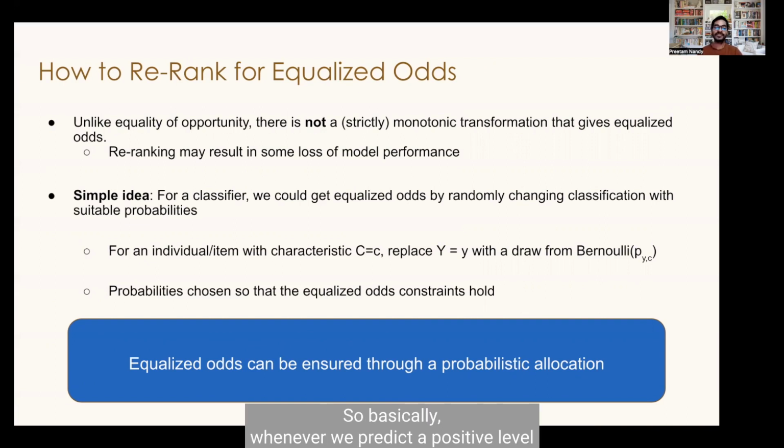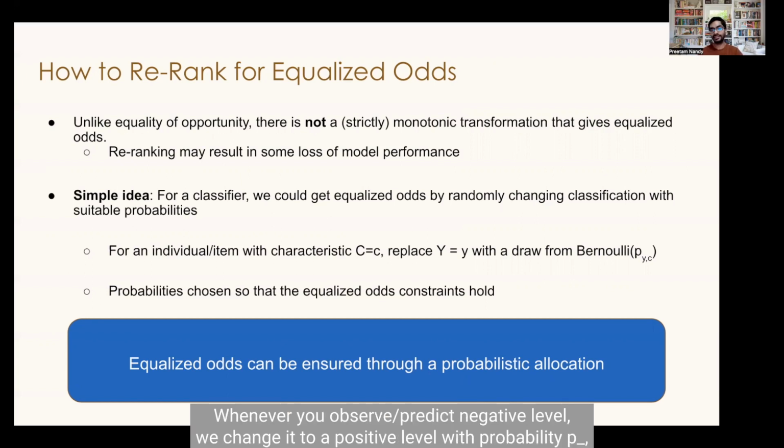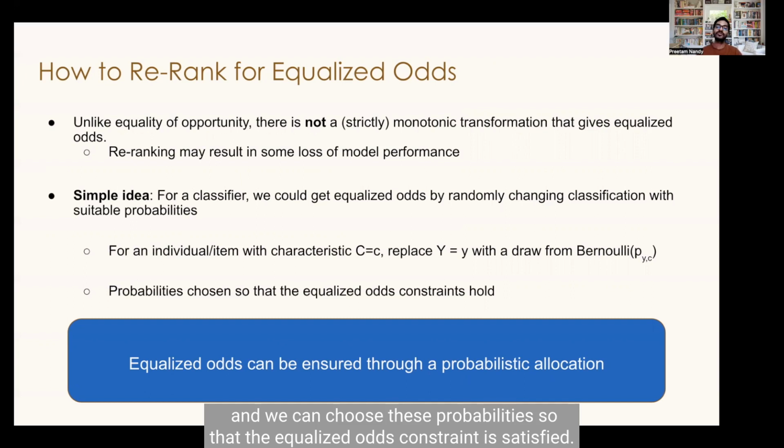So basically, whenever we predict a positive label, with probability P1C we change it to a negative label. Whenever we predict a negative label, we change it to a positive label with probability P0C. And we can choose these probabilities so that the equalized odds constraint is satisfied.